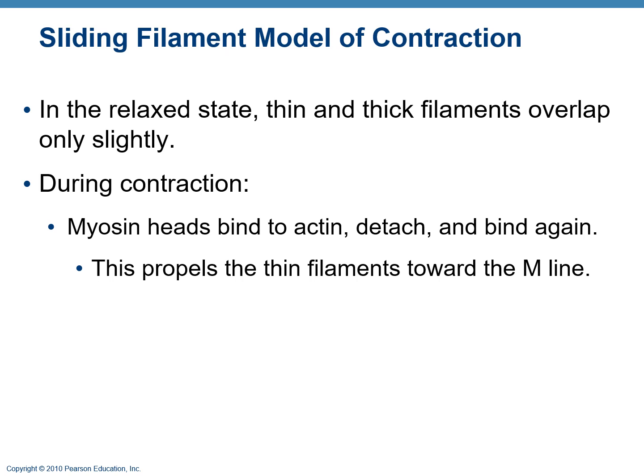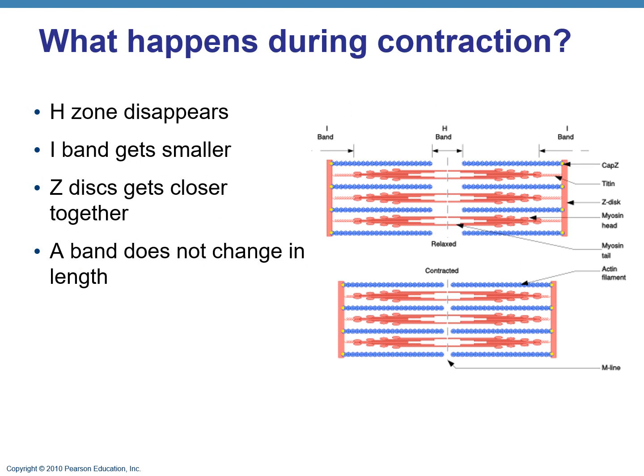So in the relaxed state, thin and thick filaments overlap only slightly. During contraction, the myosin heads bind to actin, then detach and bind again, propelling the thin actin filaments over the myosin filaments closer to the M line, the middle of each sarcomere.